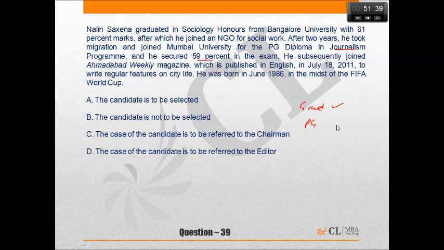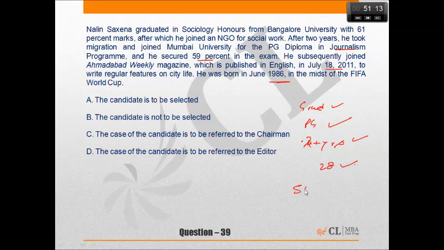Then Ahmedabad Weekly Magazine, published in July 2011, to write regular articles. So 2011 onwards, 2 plus years of work experience is fine. He was born in June 86 in the midst of the FIFA World Cup, so he is about 28 years, so age is also fine.